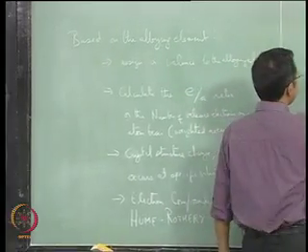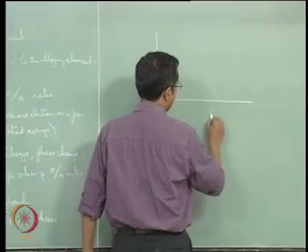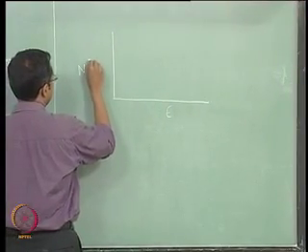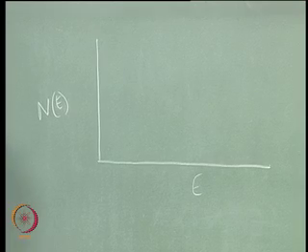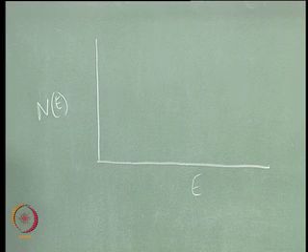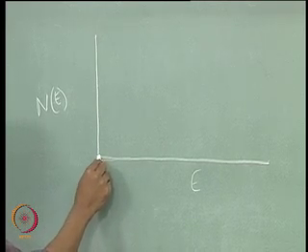So what we will do here is I will make a plot. On the x axis we have energy, on the y axis we have the density of states, right. So this is what we have, density of states and energy, and we will say that at particular values of energy we are reaching the Brillouin zone boundaries and such.